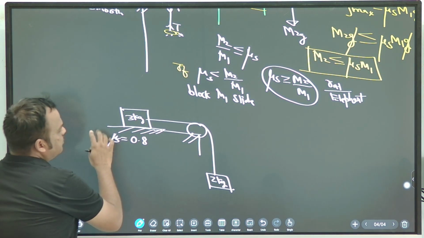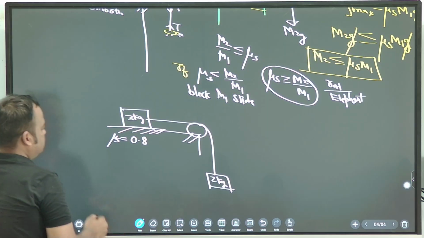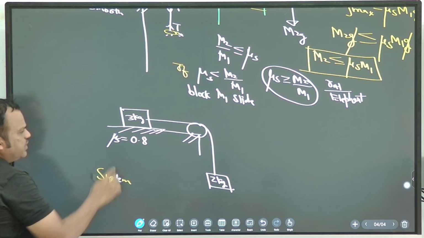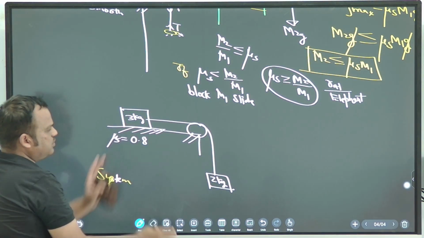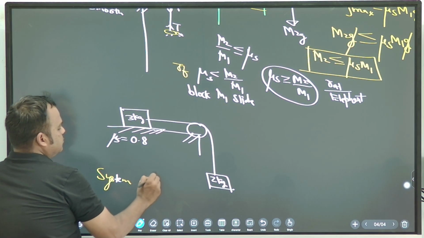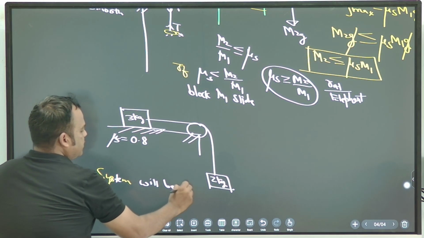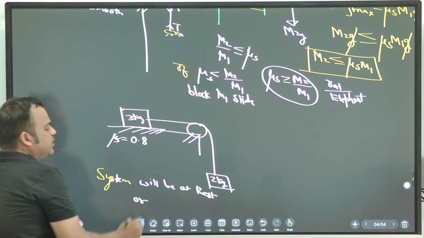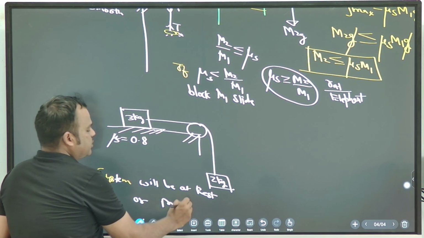Now you tell me the system is at rest or not. System means the blocks. Blocks will move or not. Will the system be at rest or moving?